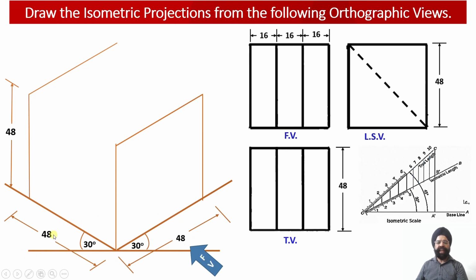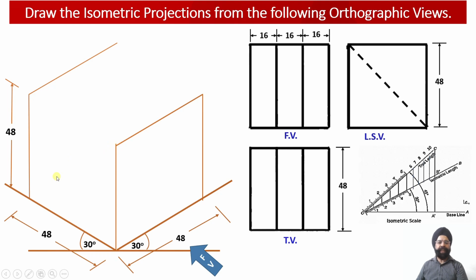Now this is the left hand side face of the solid. In the left hand side face, the width of the solid happens to be 48 millimeter. So this width equal to 48 millimeter has been drawn along the isometric x-axis, and then the height of the solid is also equal to 48 millimeter.